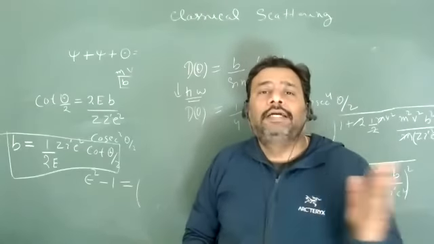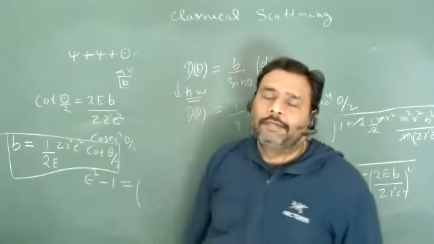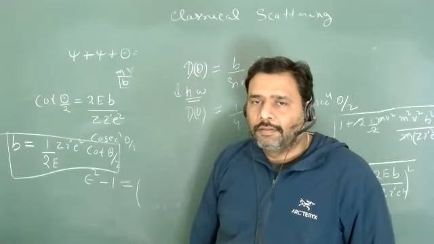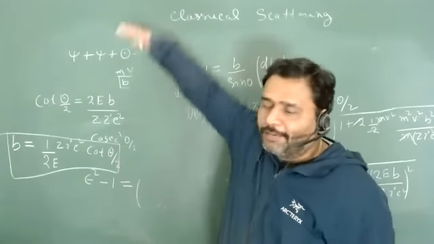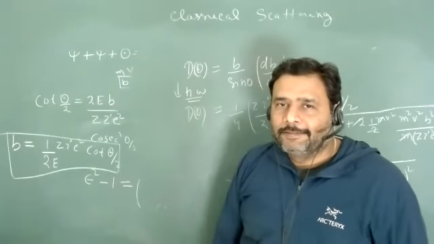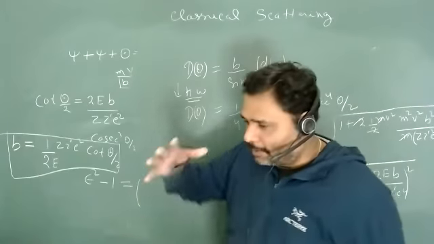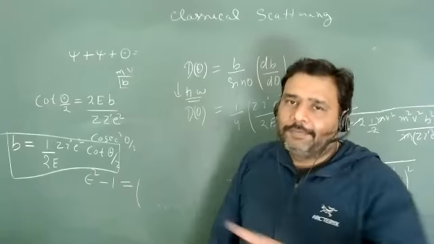But the incoming particle is something like a plane wave. And what should be the outgoing particle? A plane wave at large distance? Incoming particle is a plane wave. What about the outgoing particle? Here does the outgoing particle look like a plane wave? Is it going in only one direction?